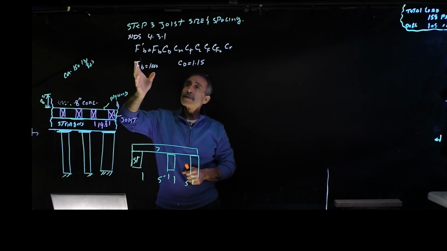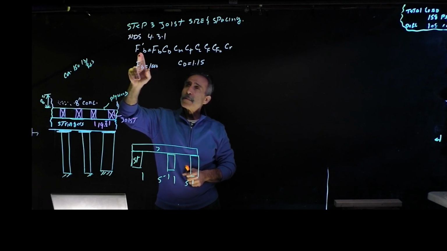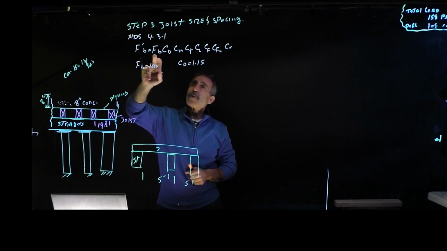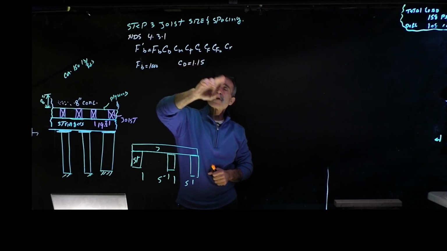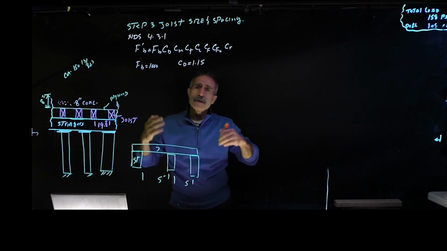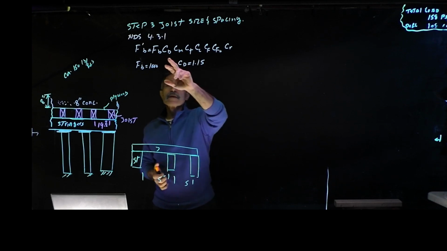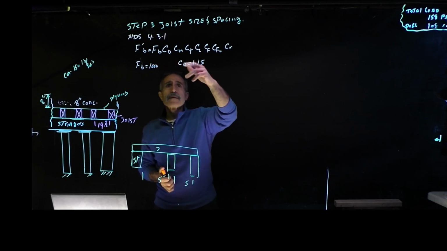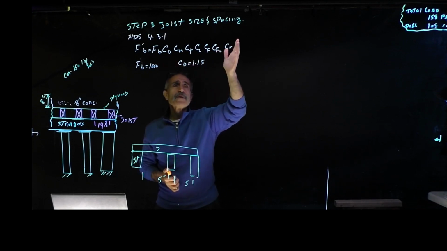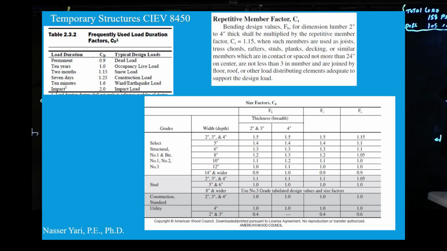However, in timber design, to calculate the bending stress you have to multiply by these factors, and these factors all depend on the environmental condition, the time limit, and all that stuff. So go ahead and read on that. C_D is for how long you have the load, and C_M, C_t, C_L, C_F, C_fu depend on the size factor. Is it going to be inside? Outside? What's the temperature? Is it pressure treated?